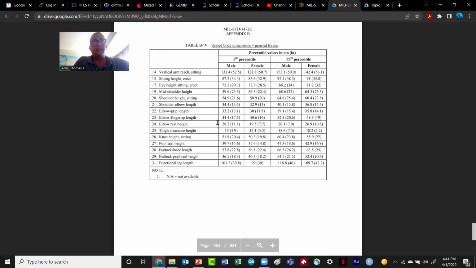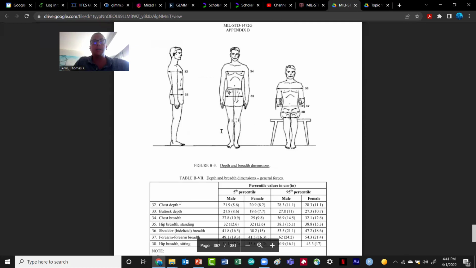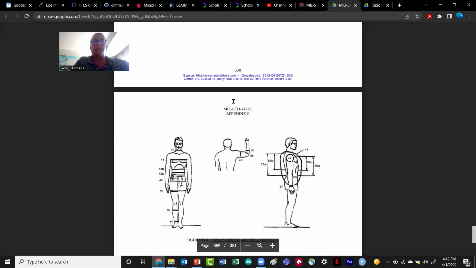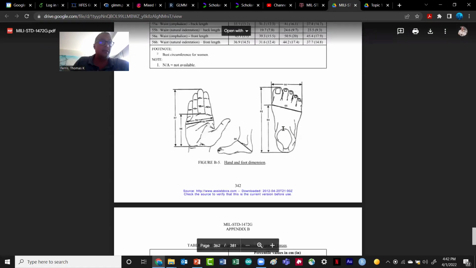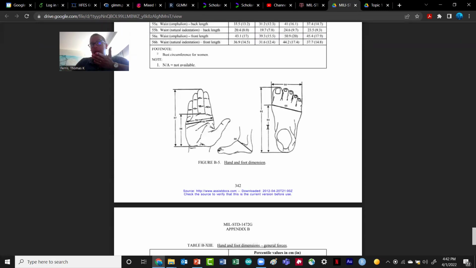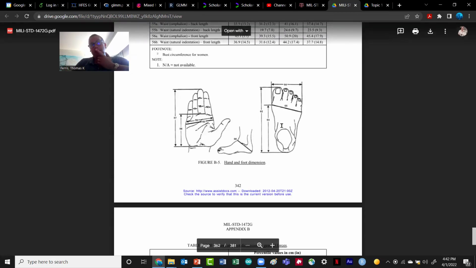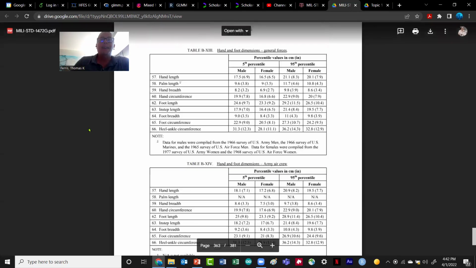And then we even have detail as far as seating breadths. If we keep going, we can get to things like hands and feet. You might get a final exam question that asks about hands and feet, so know where to find this.